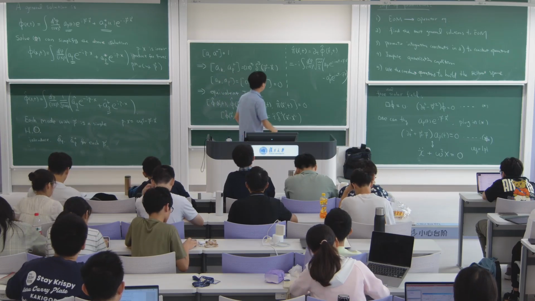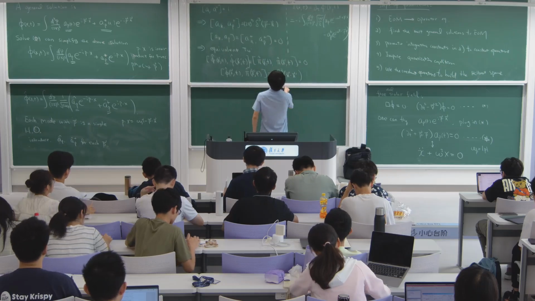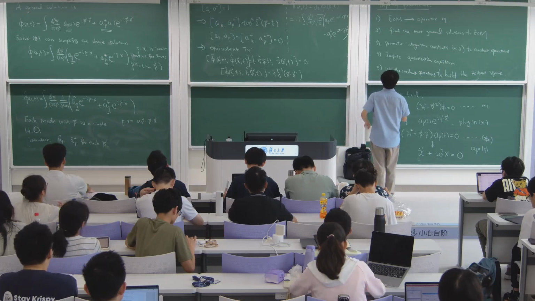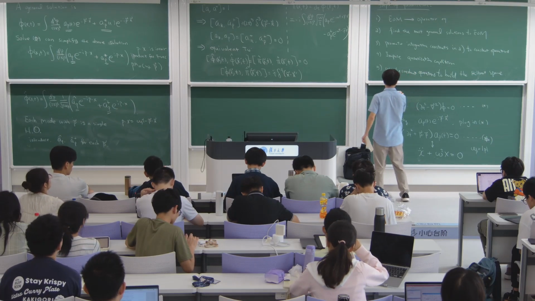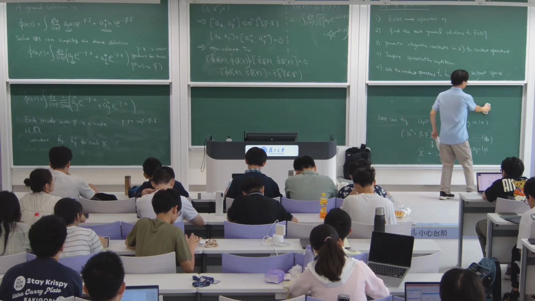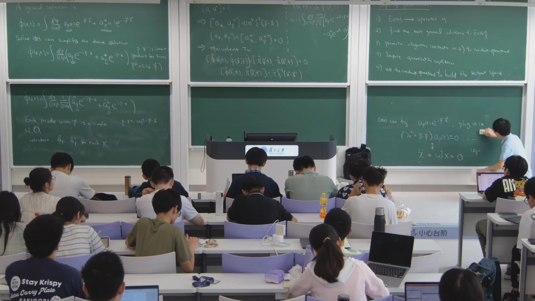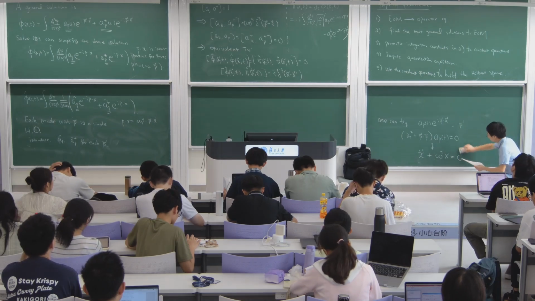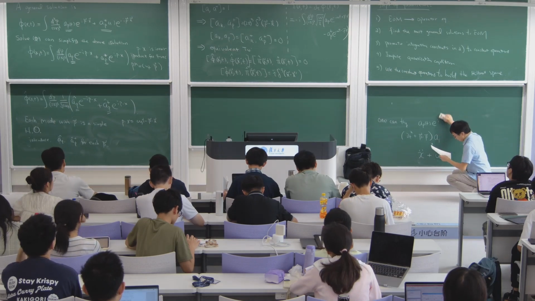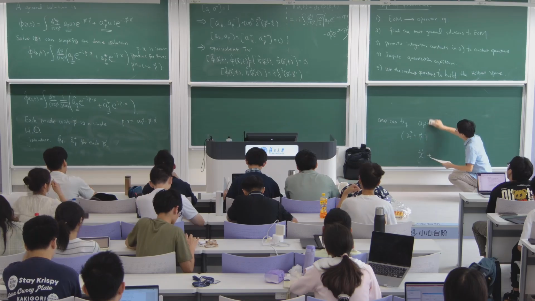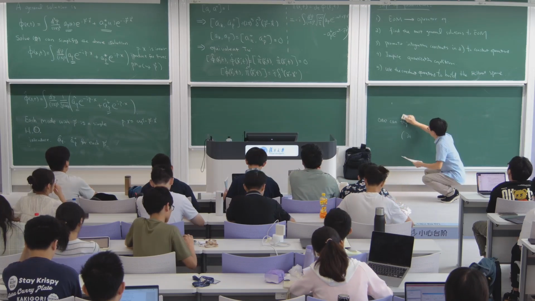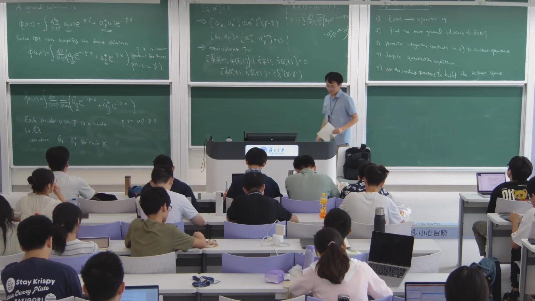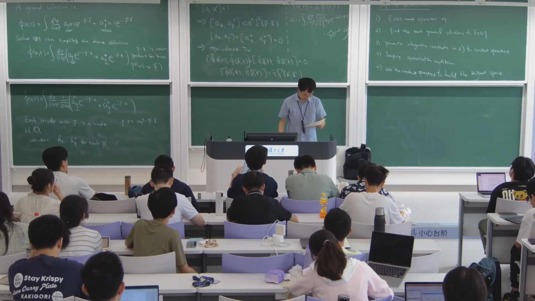So let's continue. How to build up the Hilbert space if all this can be done? This comes to the question someone asked.